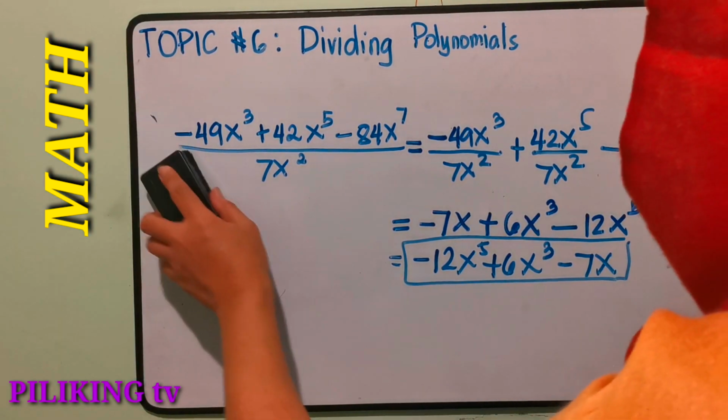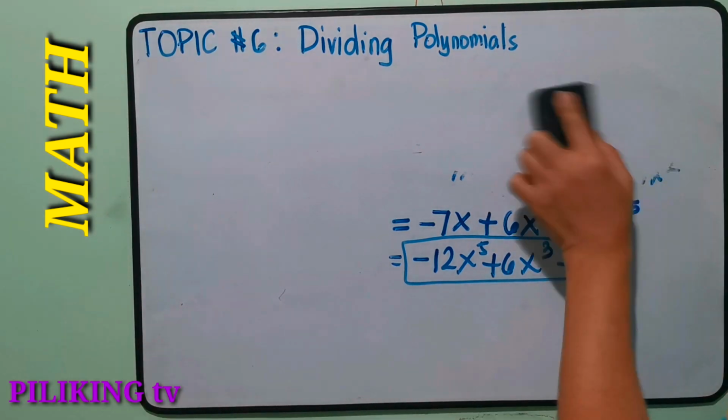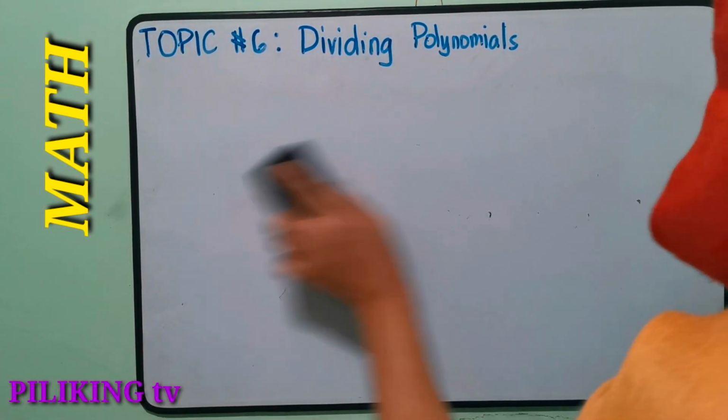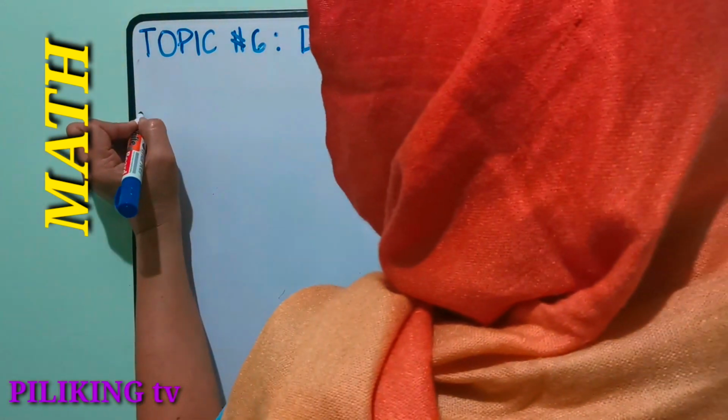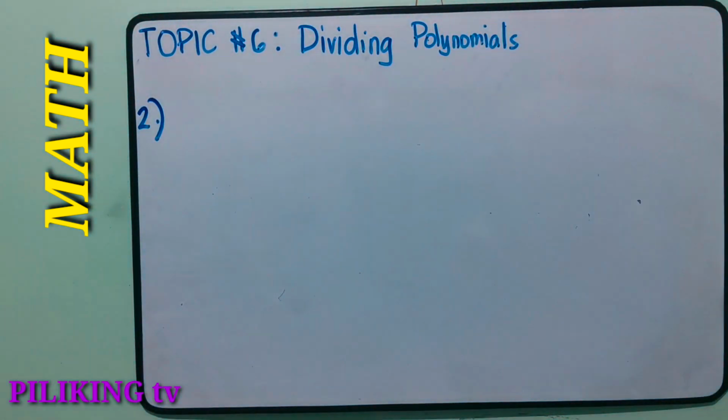Okay, so let's now have number 2 example. This time, how do you divide polynomials by a binomial? Binomial meaning to say, we have two terms this time. Okay, so let's have number 2.